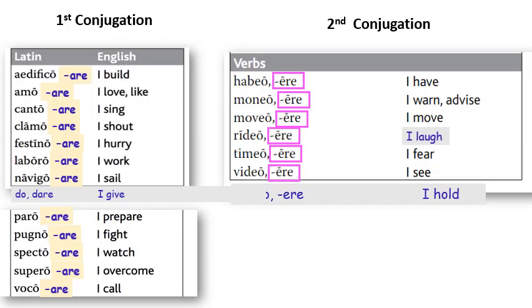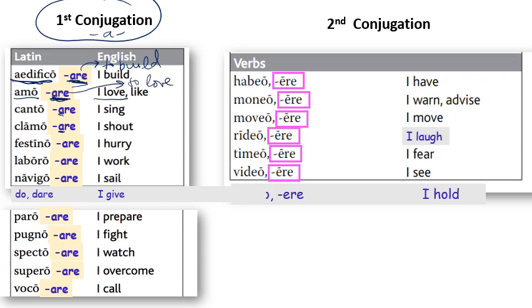I want to stress something. The verbs of the first conjugation have the magic letter A, and hence their infinitives have A before the RE ending. So, edifico means I build, and edificare, which is the infinitive, means to build. Amo means I love, and amare means to love, and so on.